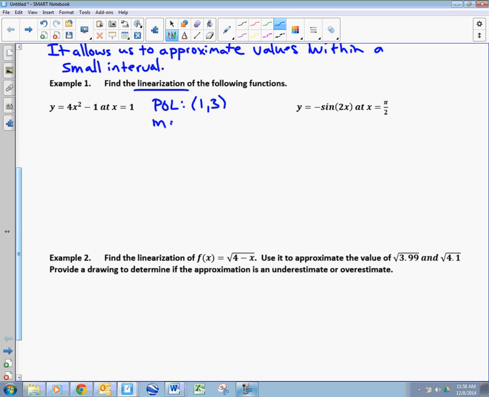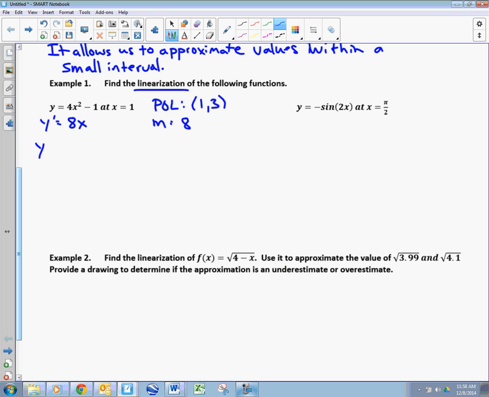Plug it back in, very good. Because 1 squared is 1 times 4 is 4 minus 1 is 3. Your slope, you would first find the derivative. Y prime is equal to 8x. So in order to find the slope, I plug in 1 and I get 8.